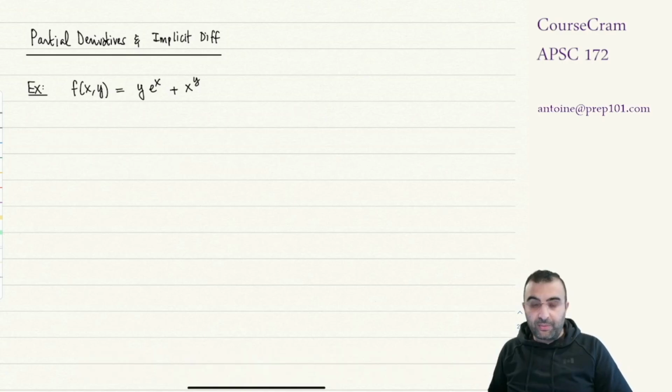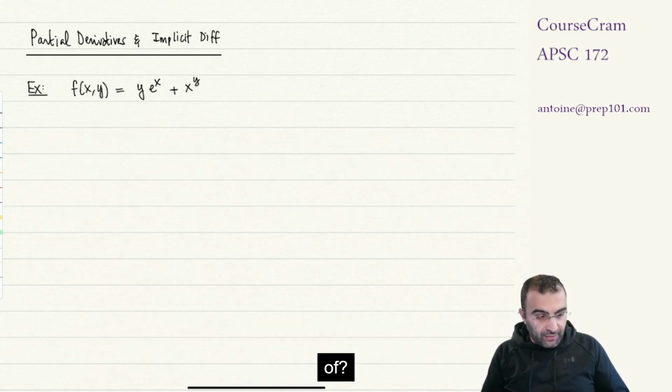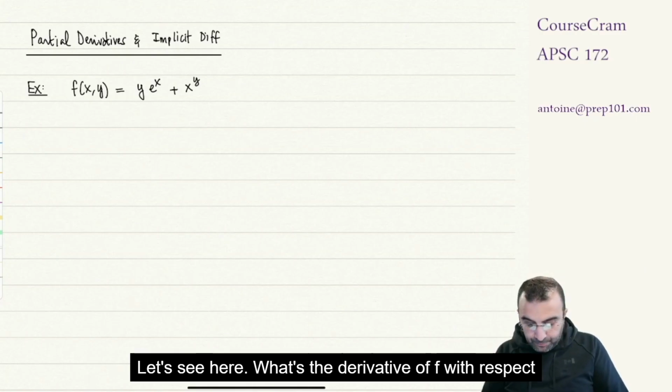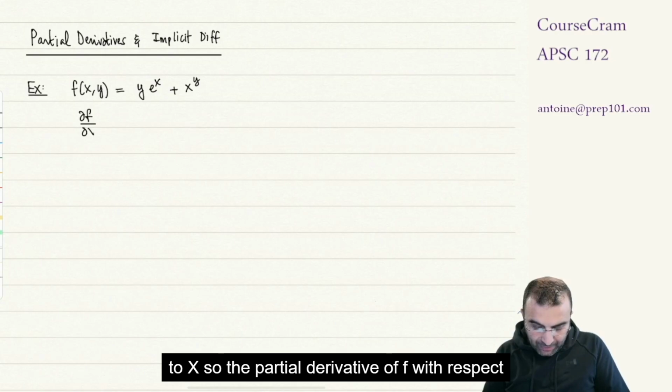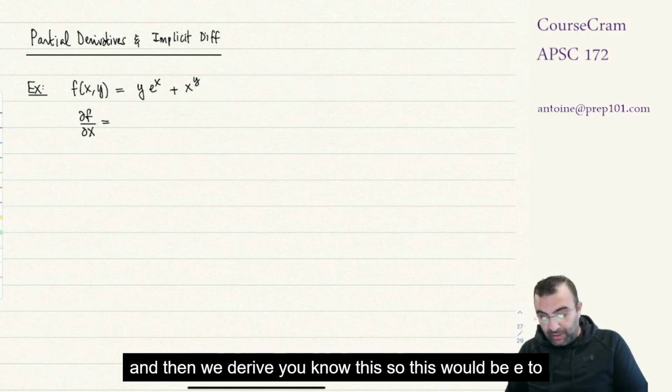So how do we find the partial derivative of f with respect to x? For the partial derivative of f with respect to x, we consider y to be a constant, and then we differentiate. You know this.